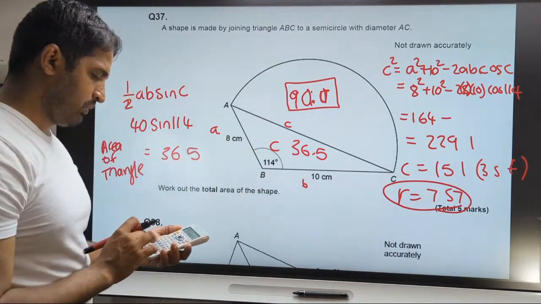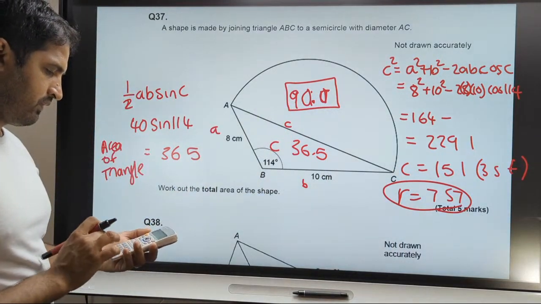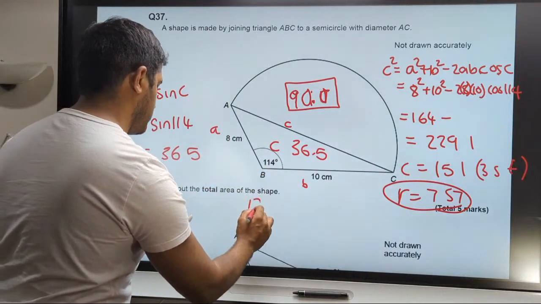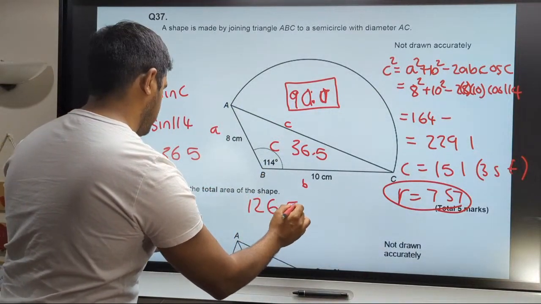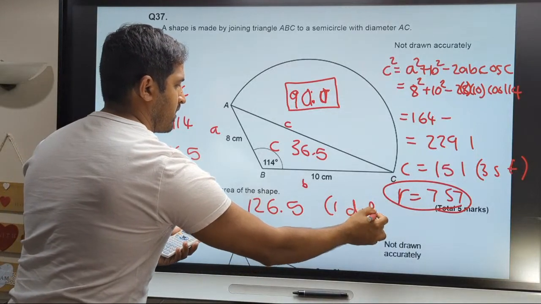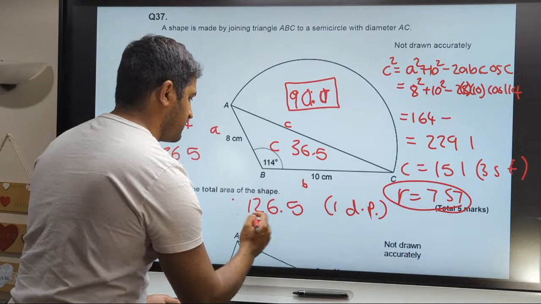90 plus 36.5 at 1 decimal place. So total area of the shape is 126.5 at 1 decimal place. Okay, that's the answer.